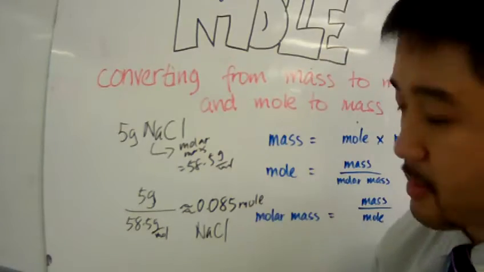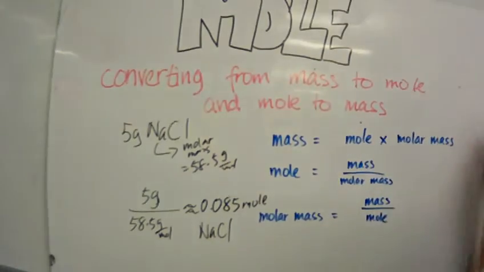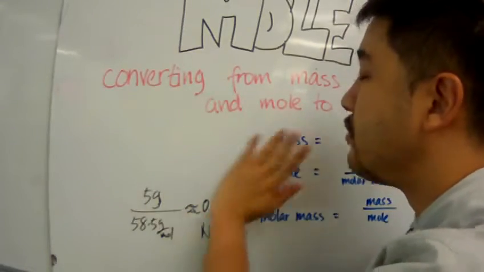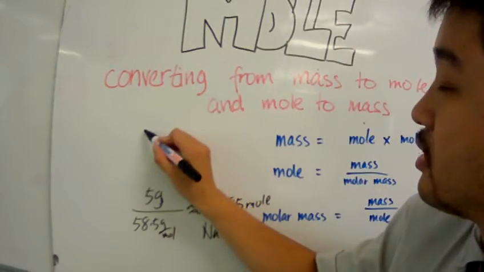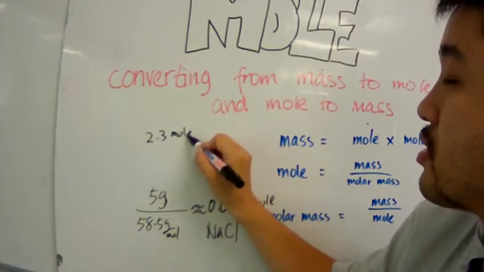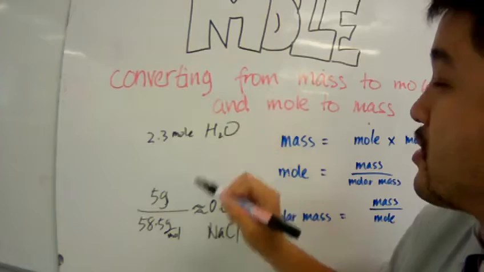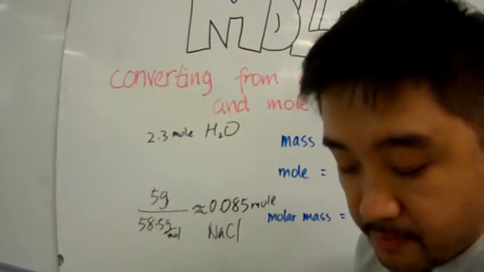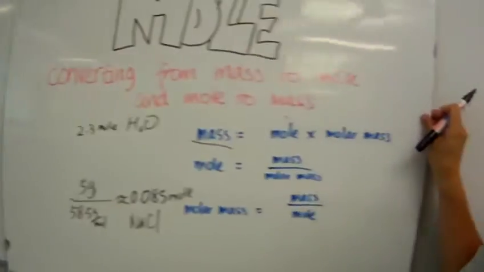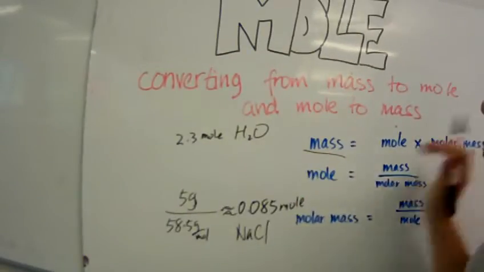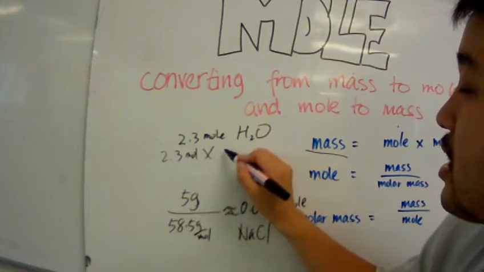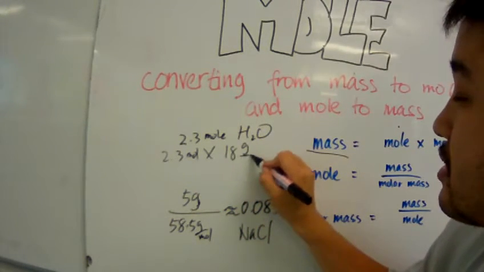What if I turn the tables around and say that I have 2.3 moles of water? How many grams of water could that be? Well, we take the formula for solving for mass, which is moles multiplied by the molar mass.